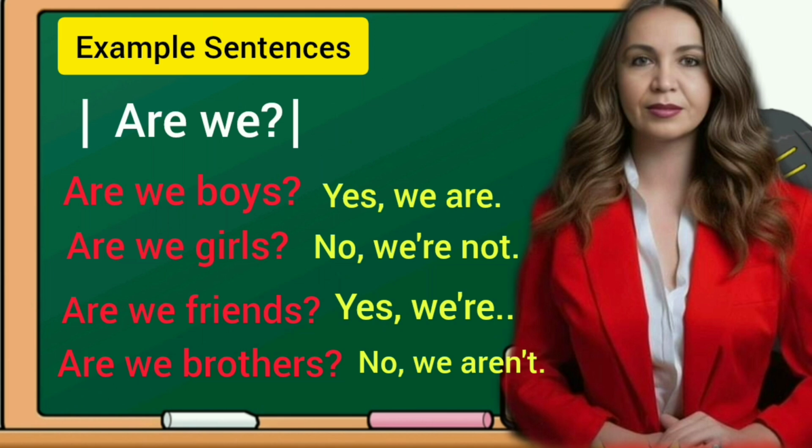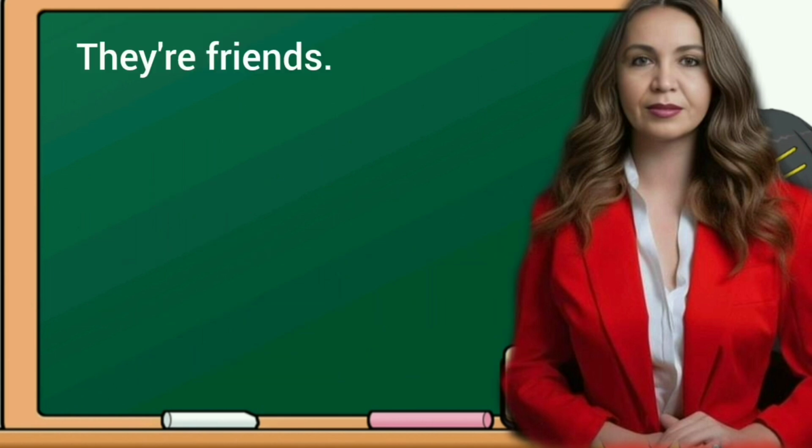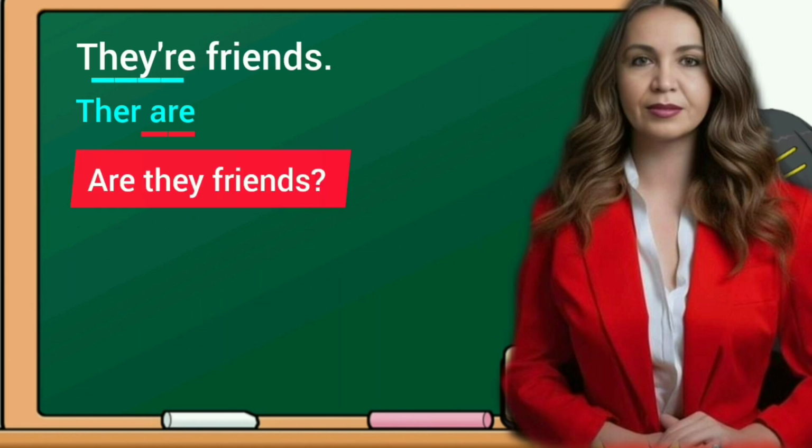Now we are moving on to they are. They're friends. Remember, they're is a contraction of they are. So the be verb is are. So the be verb will come in front. Are they friends?